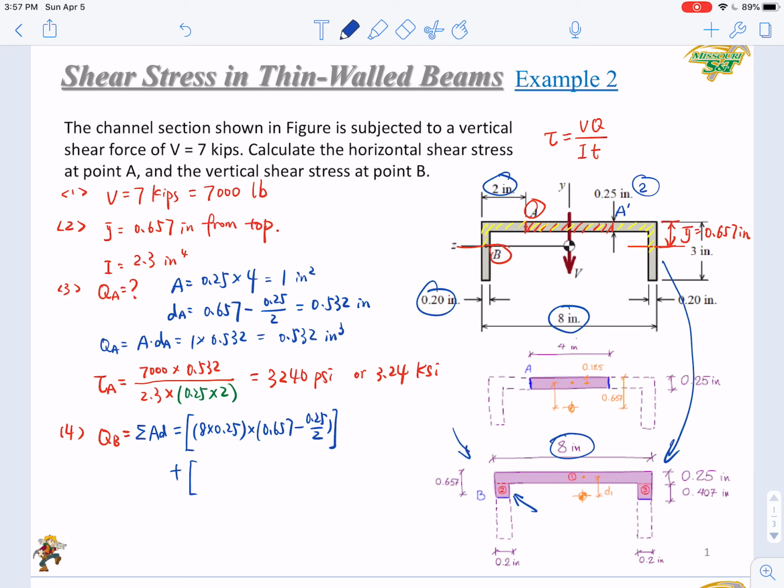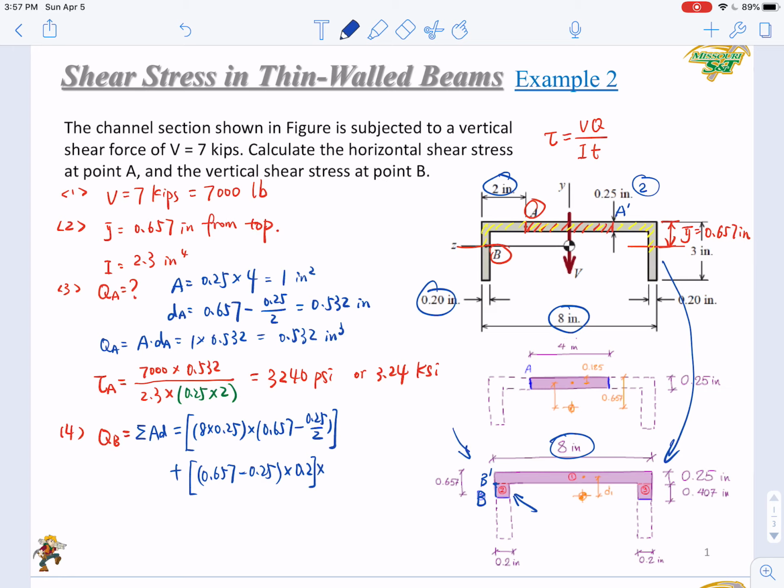So the length from B to B prime equals 0.657, this is y bar, minus the whole thickness, 0.25 of the top bar. This one times the thickness of the area 2, that is 0.2. Here you get the area. This is the area A2.